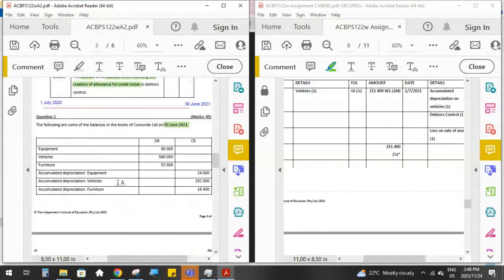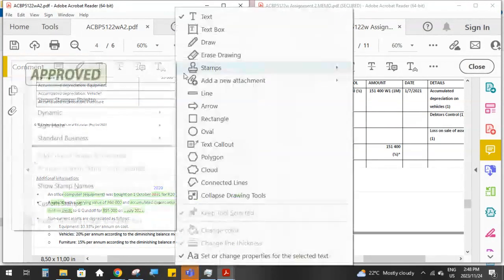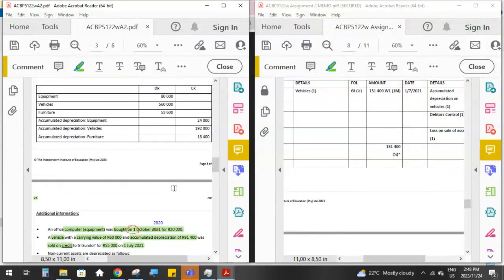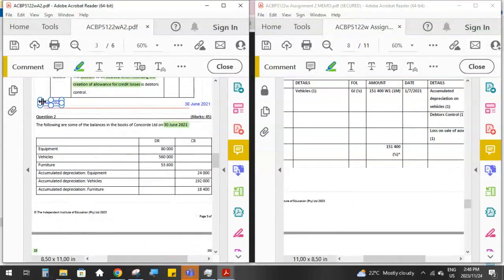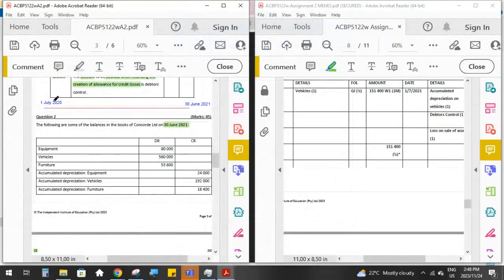So let's find October 2020. So July, what did they say? And it was on the 1st of October. Always make sure that you are paying attention to which day. Was it the 1st of October or was it the 31st of October that we bought or sold the equipment? So on the 1st of October, so we've got here July. Let's just use drawing.